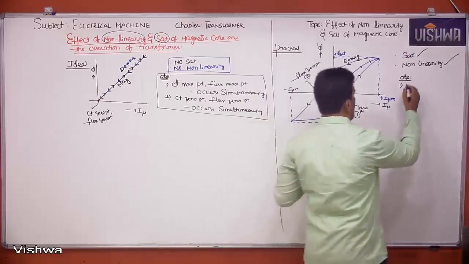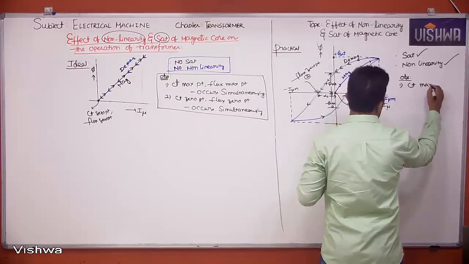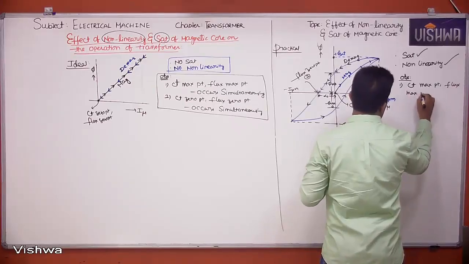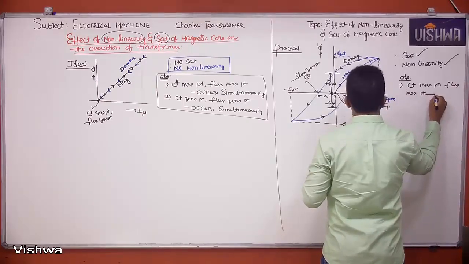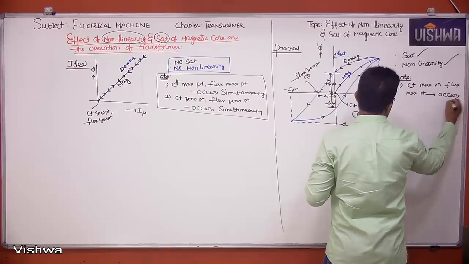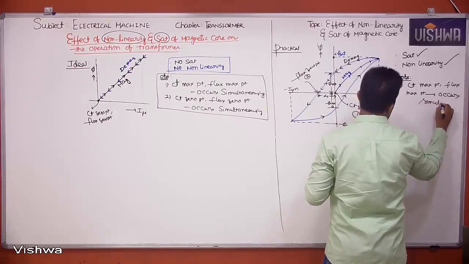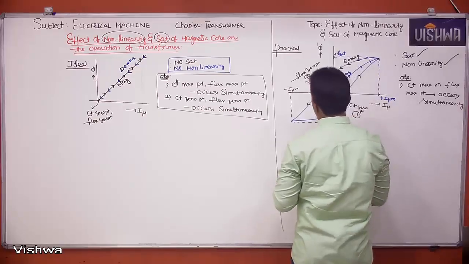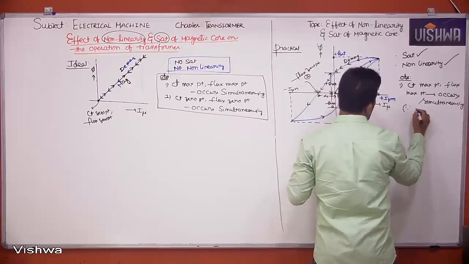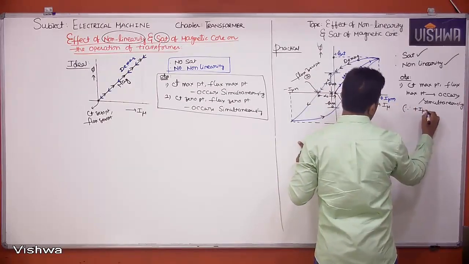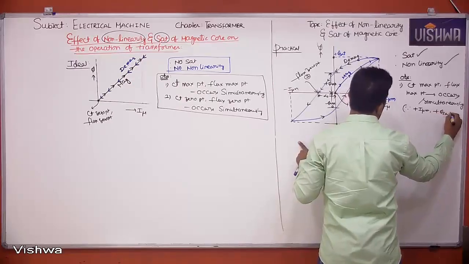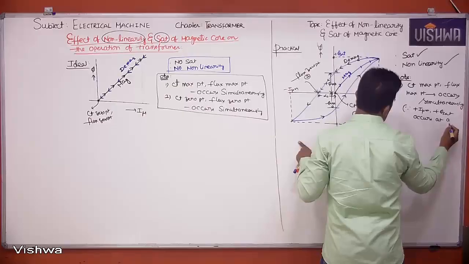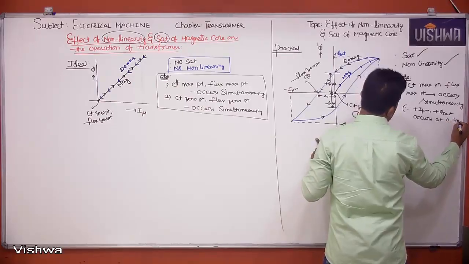So I can write here, current maximum point, flux maximum point occurs simultaneously. We can write here, plus I mu m, plus pi sat occurs at a time.